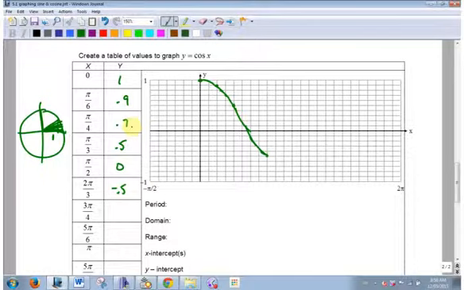Okay, 3/4 pi, 0.7, negative; 5/6 pi, 0.9, negative. Pi is negative 1, which is 1, 2, 3, 4, 5, 6, 7, 8, 9, 10, 11, 12. Okay. And it's symmetrical. Okay, now I can do that.